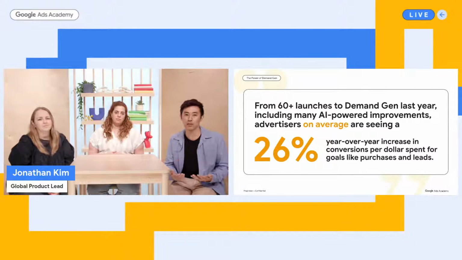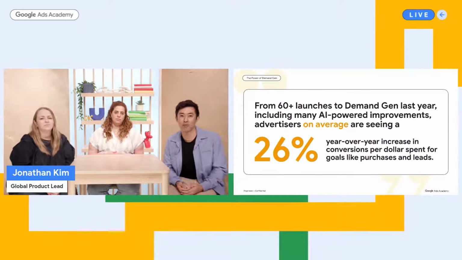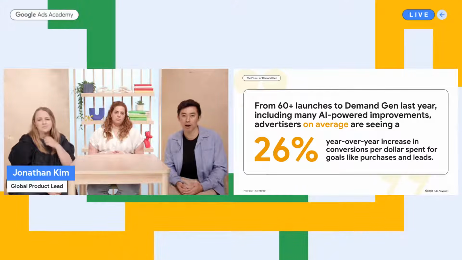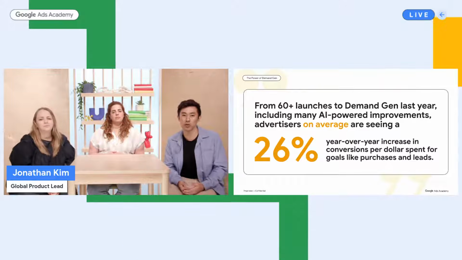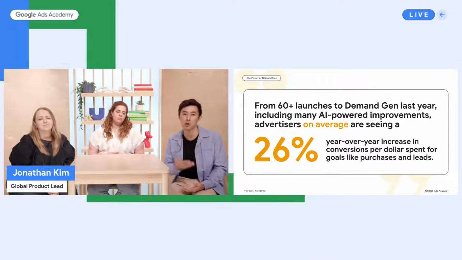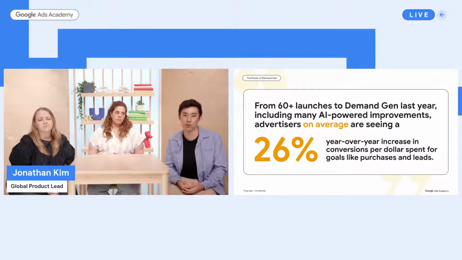And we're really excited to say that all of our investments, we think, are paying off for our advertisers. On average, we're seeing advertisers are getting 26% more conversions per every dollar spent compared to the year before. It's a really exciting result, and we're so excited to continue delivering on this promise for our customers.